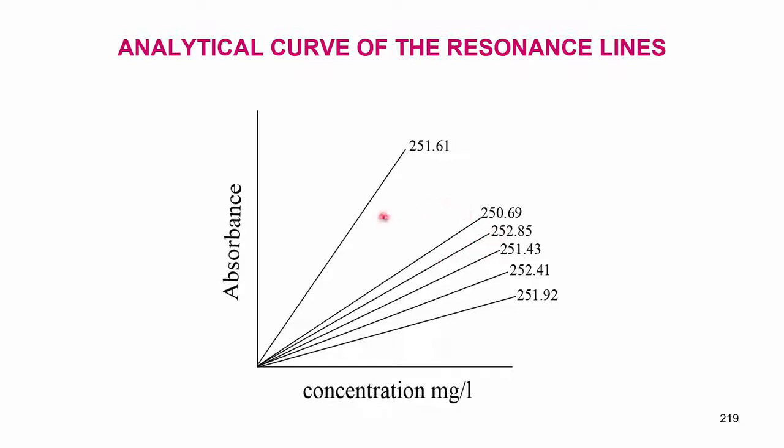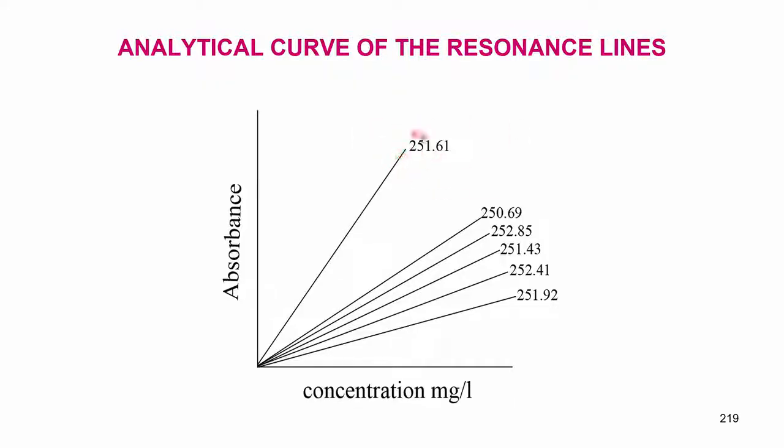So, normally, for working in an atomic absorption system, what you should choose is the one which gives you maximum absorbance, that line you should choose. So, obviously, in this figure the optimum line should be 251.61 for working in the atomic absorption determination of silica.